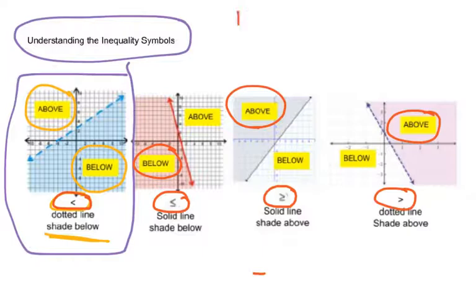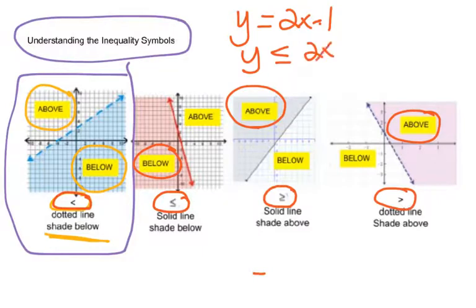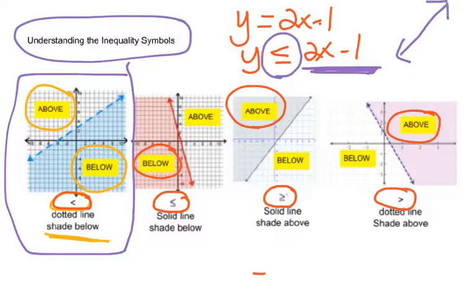So instead of it being y equals 2x minus 1, for instance, now we're going to have y and some kind of inequality. This one, for instance, means everything below or equal to this line. So we would graph the line, we'd end up making it solid, and we'd end up shading below that line.